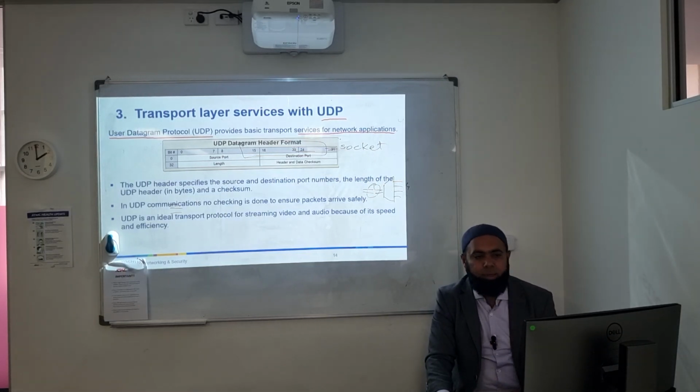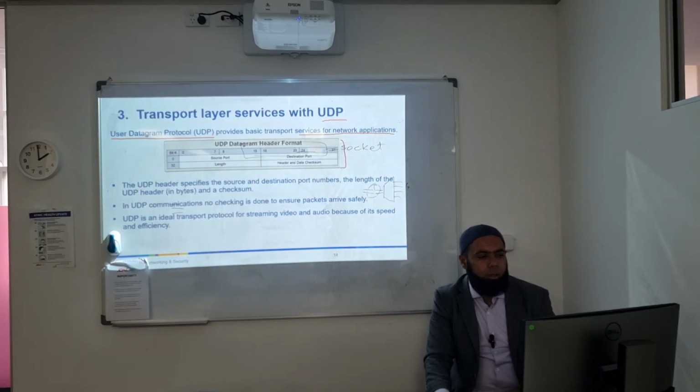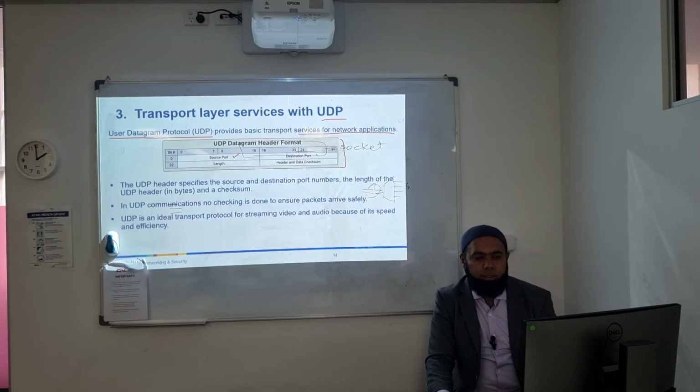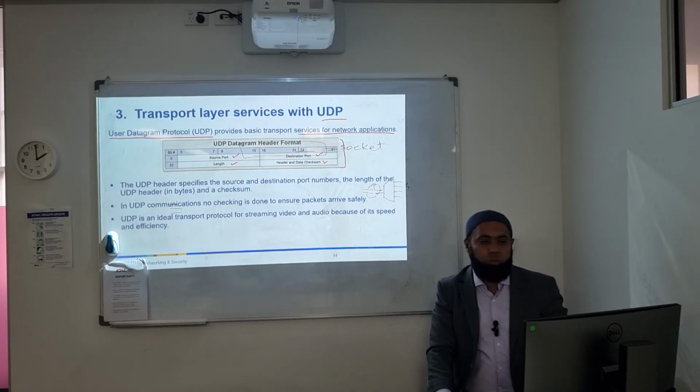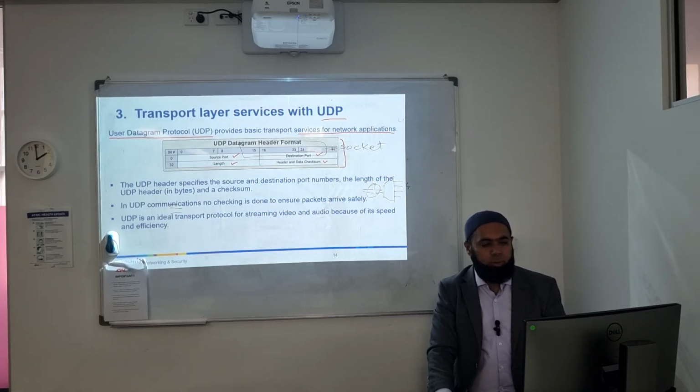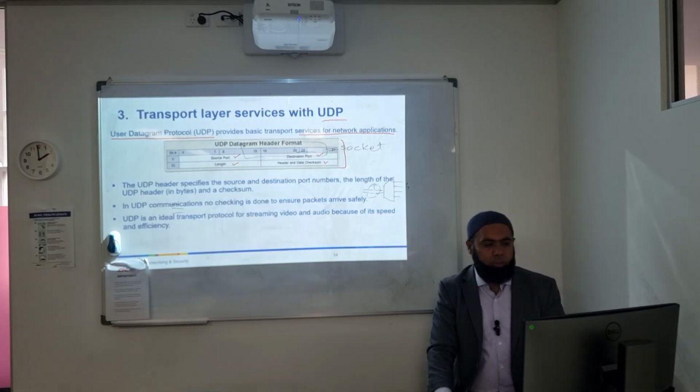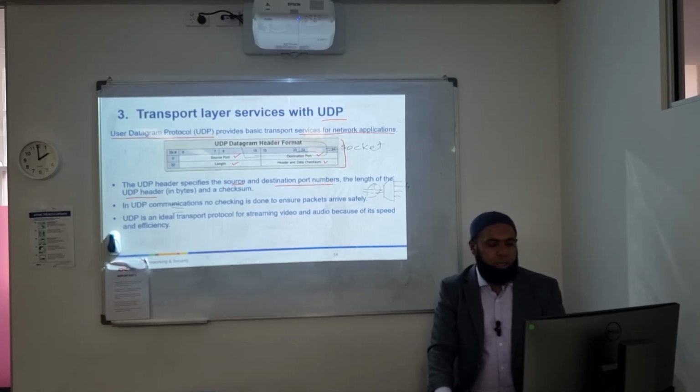This is the header format: a source port, destination port, the length of the packet, and the header and data checksum. I will explain a bit on that, but once I explain TCP, UDP will make more sense to you as well. So the UDP header includes the source and destination port numbers, the length of the UDP header, and a checksum.